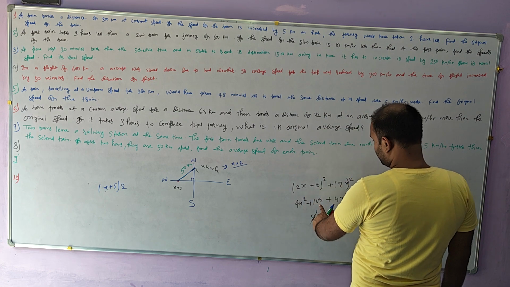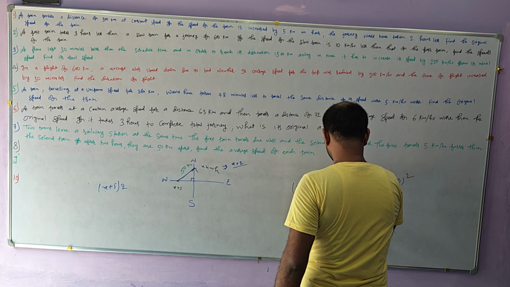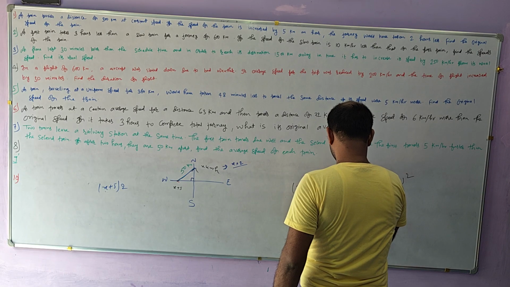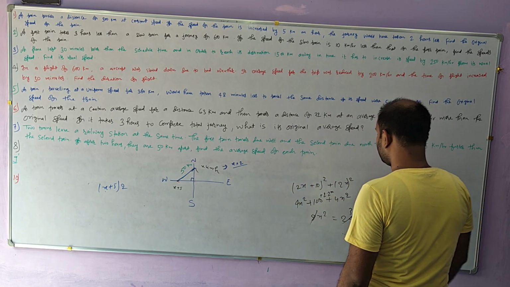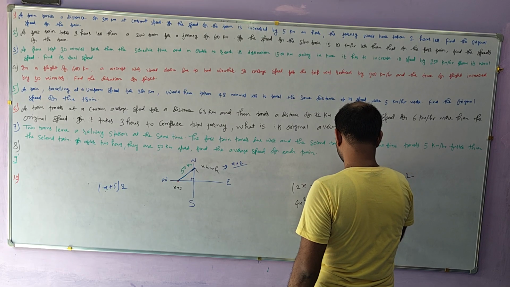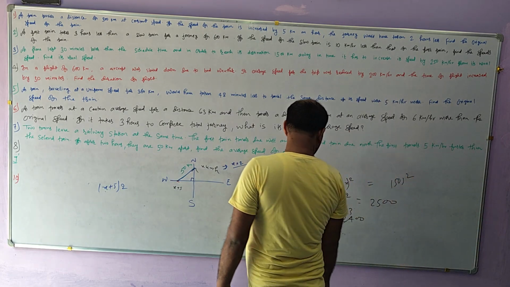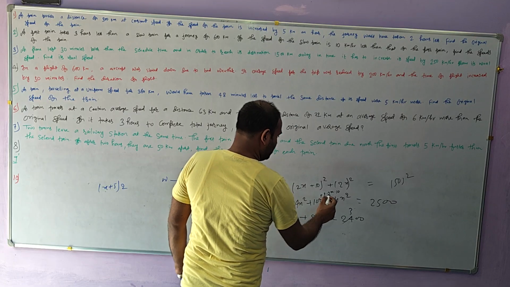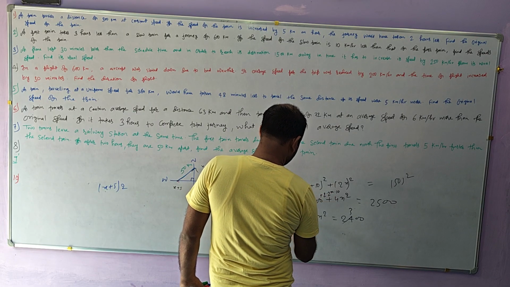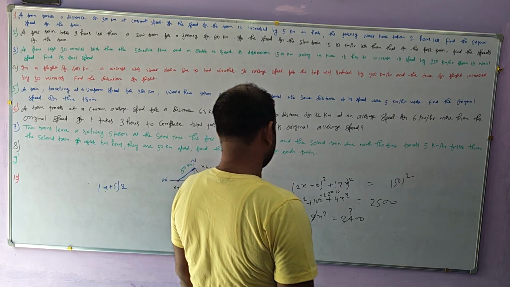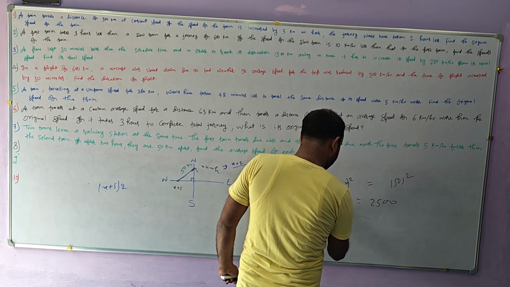a square plus b square plus 2ab, plus 2ab. So we have another factor, that is 40x. So we can cancel it out directly.